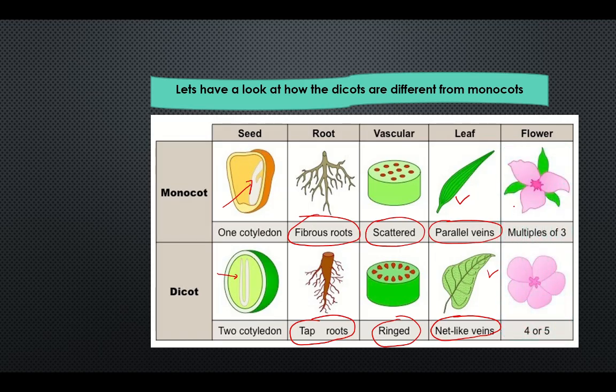As far as flowers are concerned, in monocotyledons the flowers have petals in multiples of three. Either they have three petals, or six, nine. But in dicotyledons, the petals are mostly four or five.